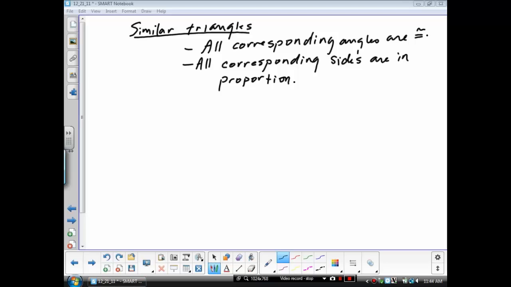That means that each time you set up a ratio of corresponding sides, you get the same fraction after it is reduced. That fraction, the ratio of your corresponding sides, is called the scale factor.